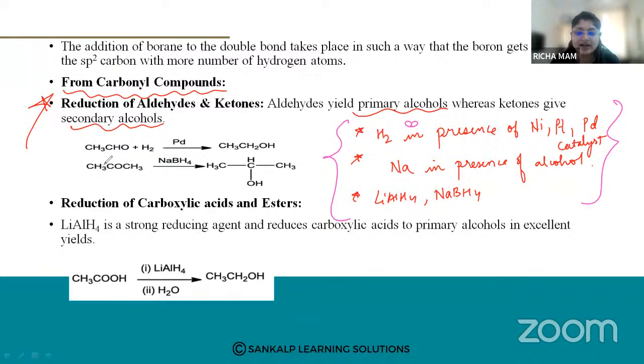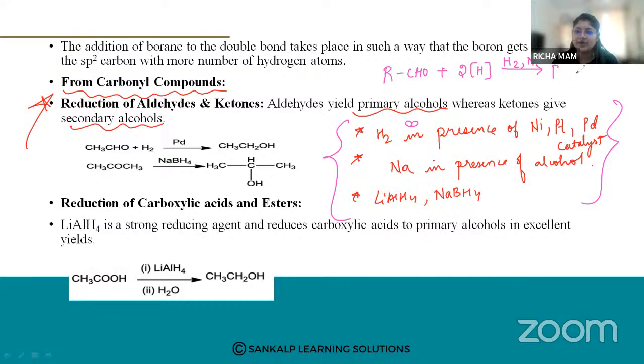So if I take an aldehyde, I'll write it generally. This is the general formula to write the aldehyde. And I am going to do reduction. You know, reduction is addition of hydrogen. So we are going to add hydrogen in the presence of nickel. So what will be my product?